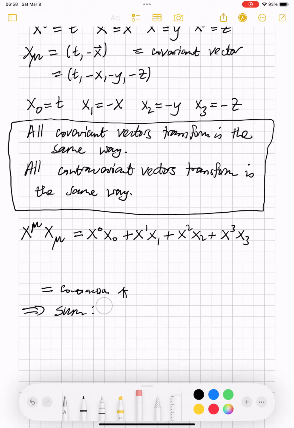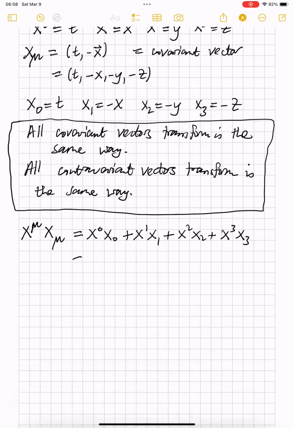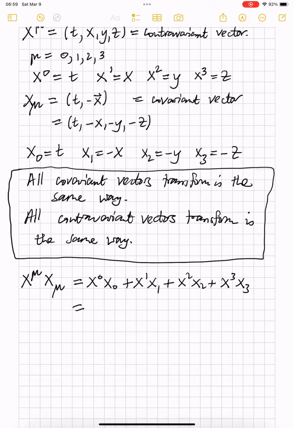Now let's evaluate what this sum is. Well, we know what the contravariant and covariant components of our vectors are. So x0 upstairs is t, x0 downstairs is t. So the first term is just t squared. For the second term, x1 up is x, x1 down is minus x. So we've got minus x squared. For the third term, x2 up is y, x2 down is minus y, so we've got minus y squared.